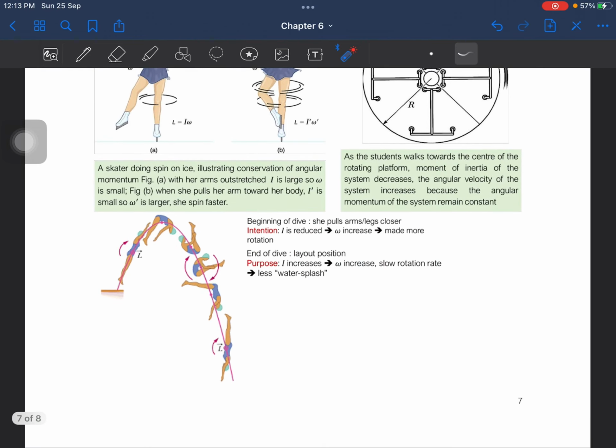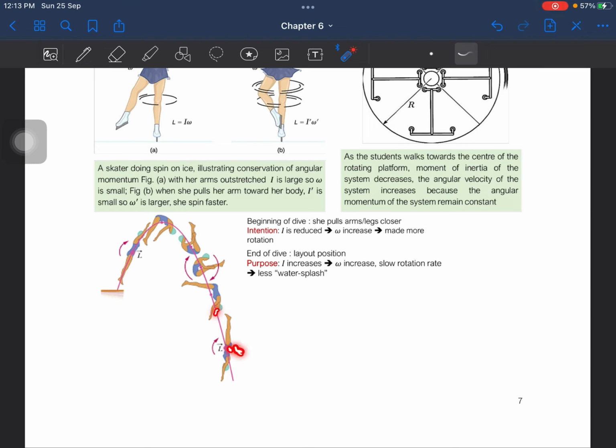Next, for a diver, at the beginning of the dive, she would pull her arms closer to reduce the moment of inertia. When they reduce the moment of inertia, the angular velocity would increase, hence she can make more rotations. At the end of the dive, she would increase her moment of inertia by opening up her arms, and the omega would decrease, slowing the rotation rate, leading to less water splash.